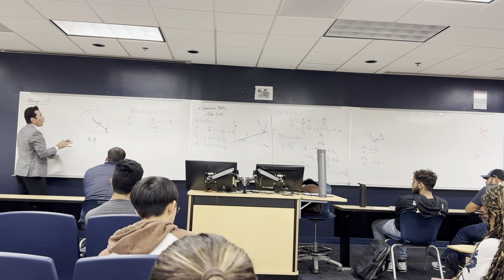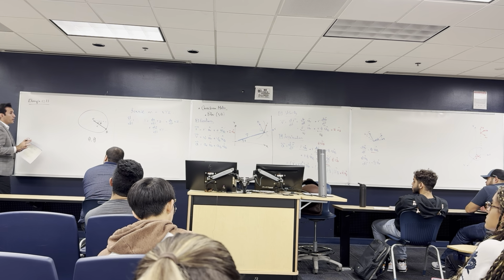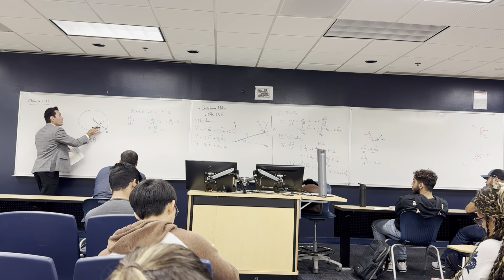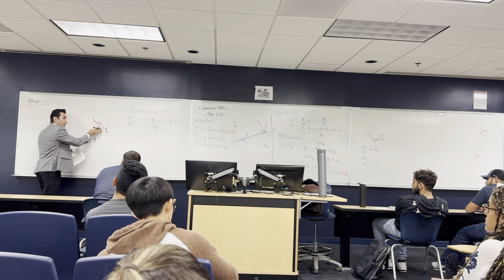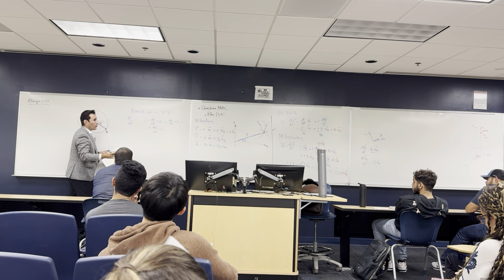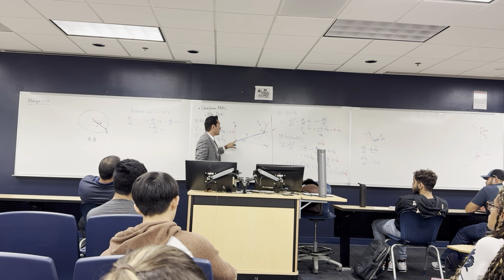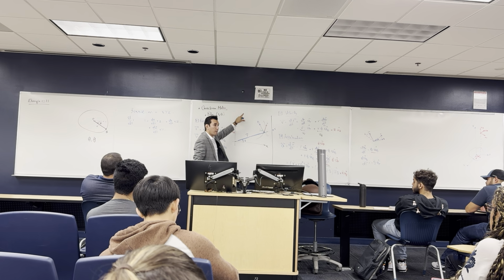So what is special about this? When you're given a circle and the center of the motion is the center of the circle, r is always constant, right? But this one is not a circle. It's a general curve, and this is the center, and r keeps changing as the body's moving.